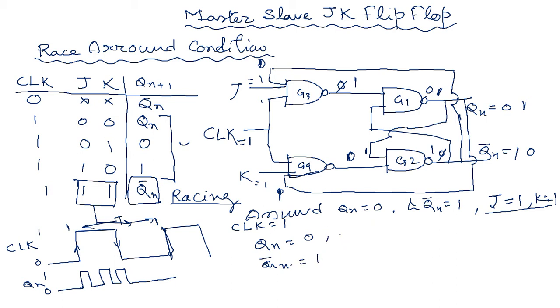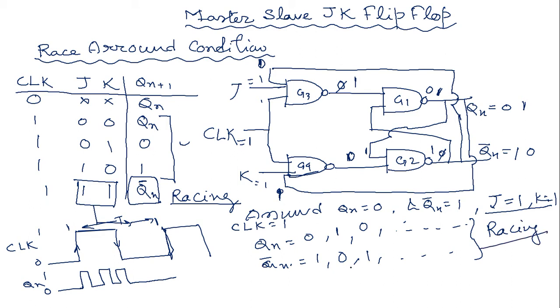Then in the same cycle, next is 1 0, then 0 1, 1 0. This continuous changing of the output is observed when clock equals 1, and this continuous change is called the racing.